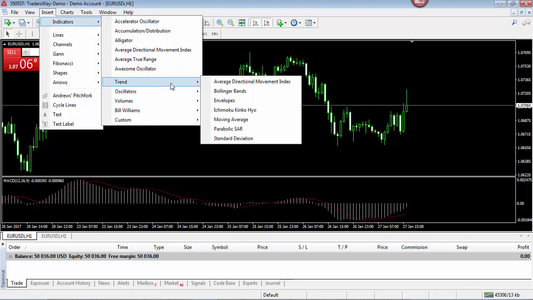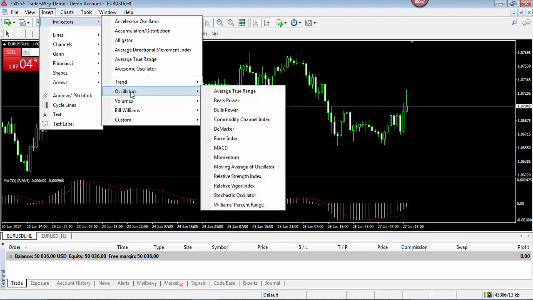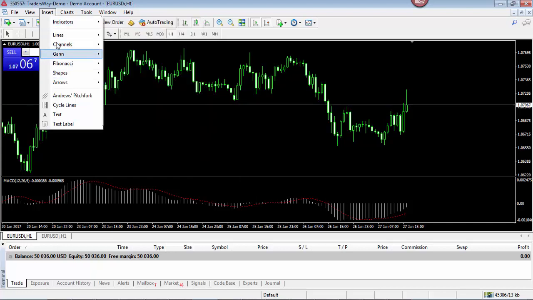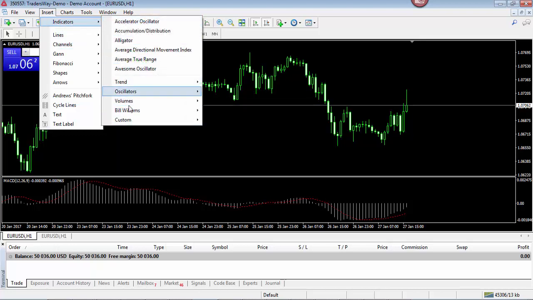We can find trending indicators such as your average directional moving index, your Bollinger Bands, your moving averages. Here in oscillators, you can find your average true range, your MACD, momentum indicators, and so forth. So inside here, you'll see all the indicators available to you by this broker. All right.